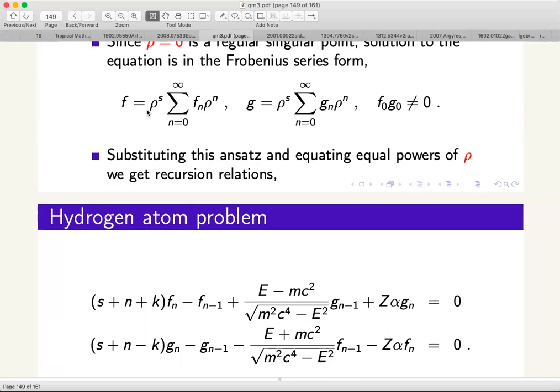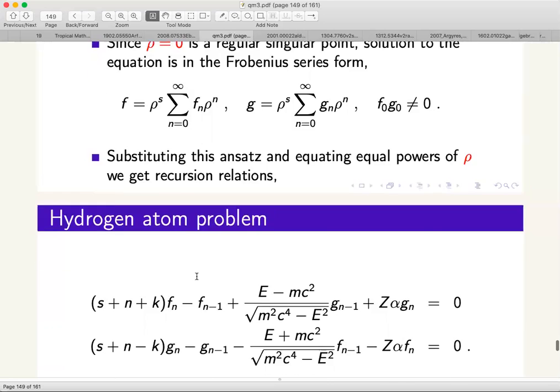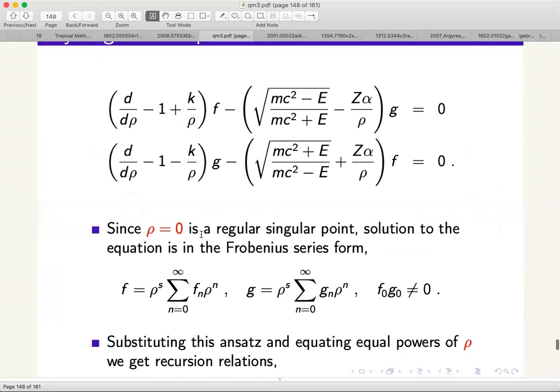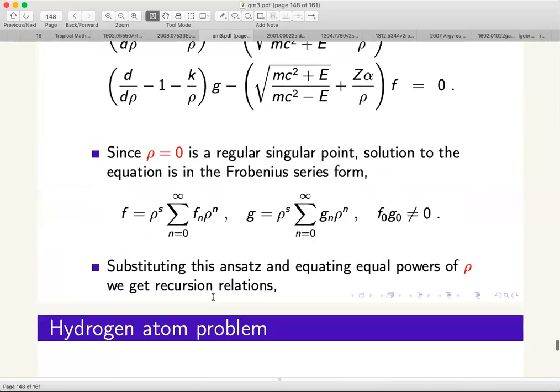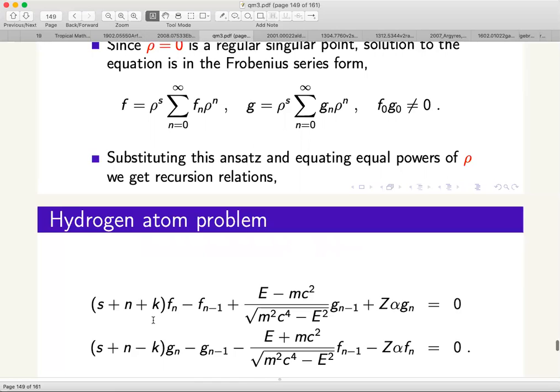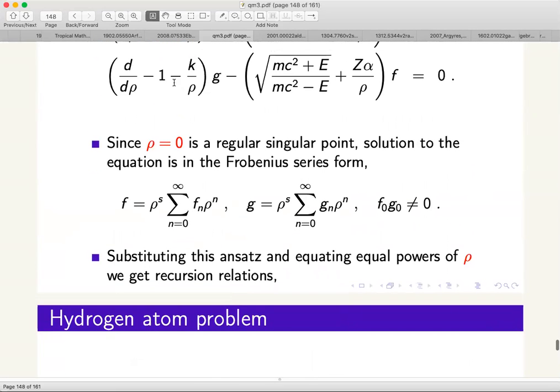But when you actually take the derivative, then it is convenient to write rho to the n plus s. So this n plus s piece that you get here is just the effect coming from this derivative term, d by d rho. That is the piece that is going to pull down the n plus s piece. K is of course part of the equation, sitting around there.